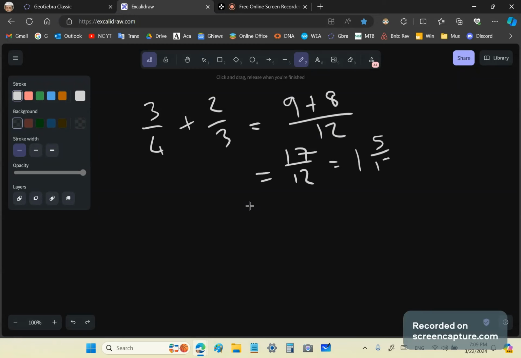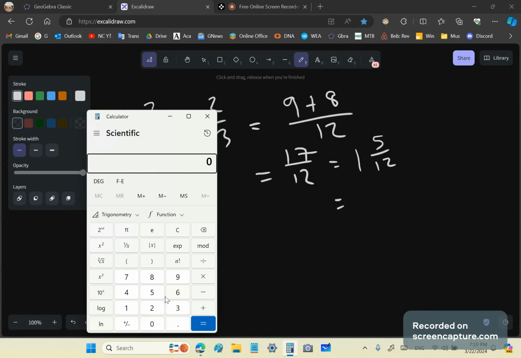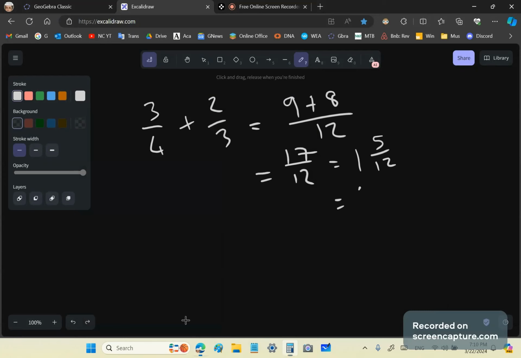And if that's correct, that will give me the sum wanted. Whatever 5/12 is, because I'm lazy, that's 1.41666 recurring. Okay, so this is a sum.